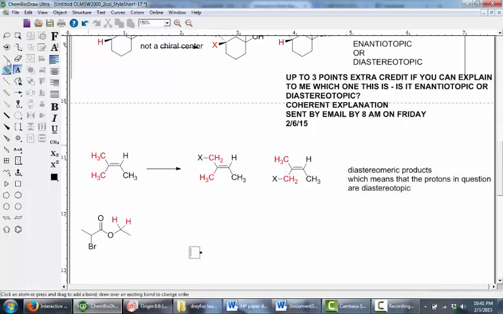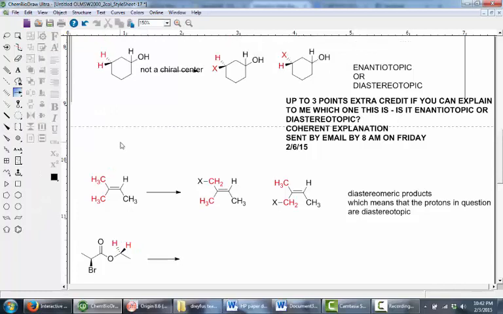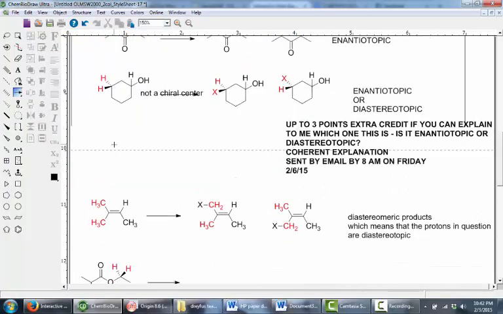Let's do one more example, shown here at the bottom, where I'm looking at these two protons, starting with the chiral center in the molecule, which should automatically be obvious to you guys. This carbon is a chiral center because it has 4 different things attached to it, which means that these protons, which in general would be enantiotopic, are going to end up being, in this case, diastereotopic.